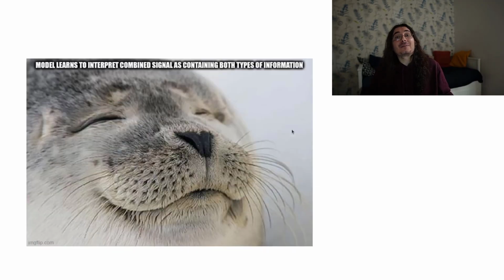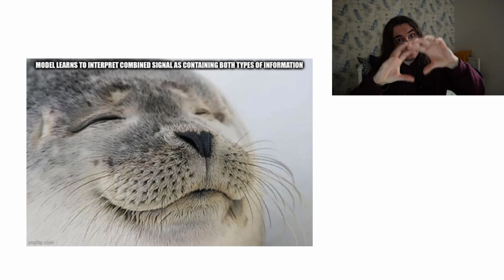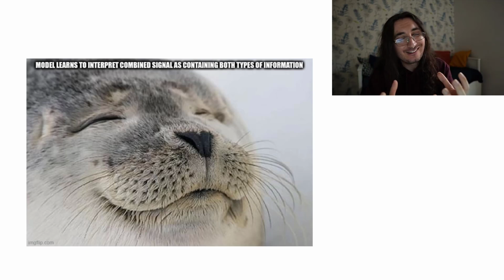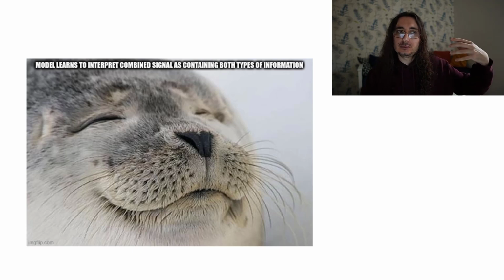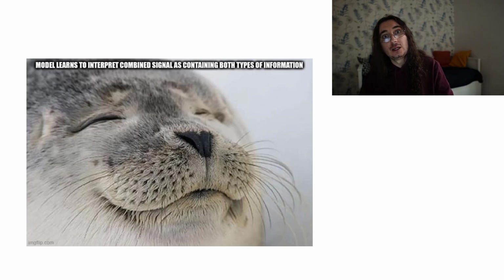Well, it turns out that transformers can learn to interpret this combined signal quite easily. So they can take the combined matrix, separate the two signals and understand the content as well as the positions.